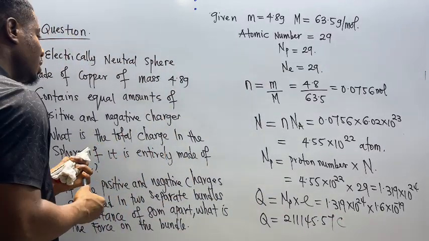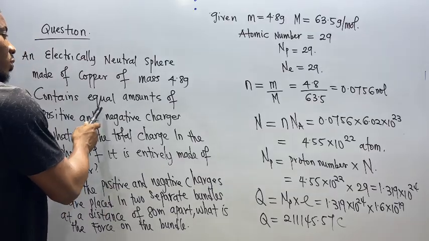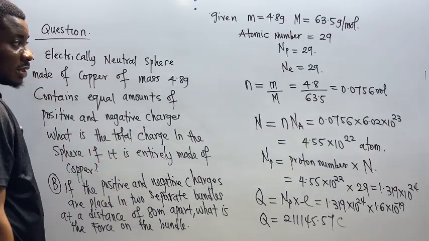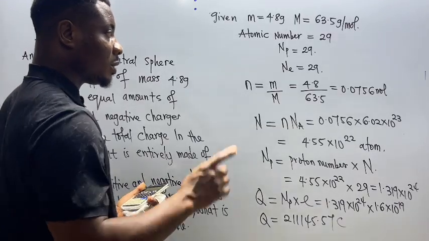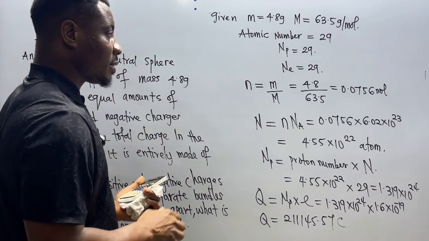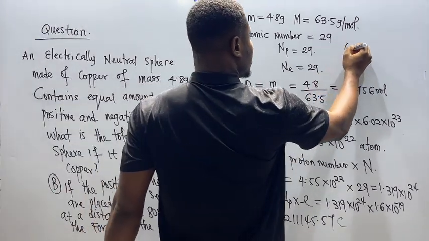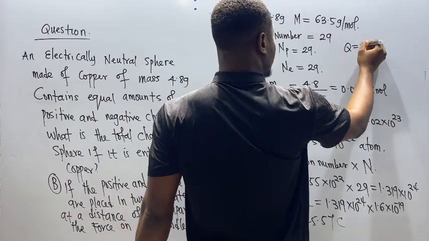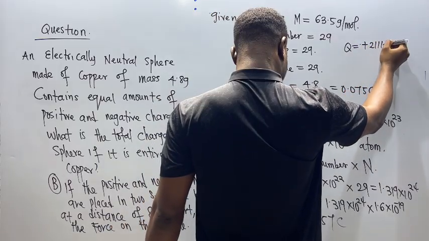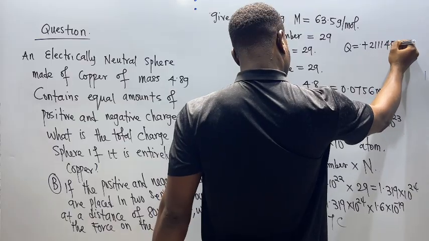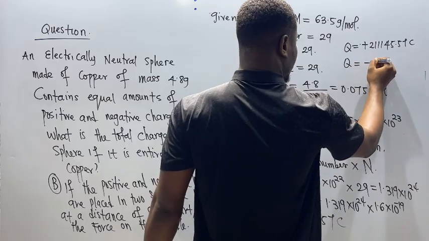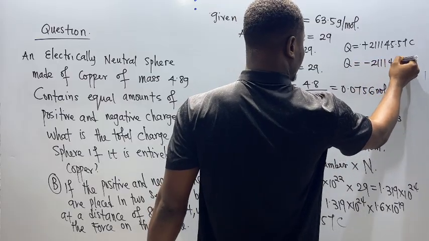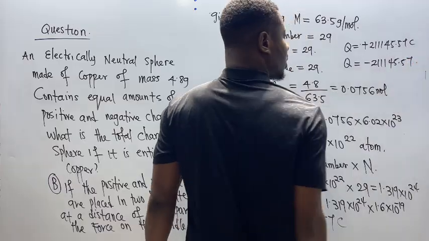However, remember that it has equal amounts of positive and negative charges. So what does that tell us? It tells us that Q is positive 211,145.57 coulombs, and Q is also negative 211,145.57.